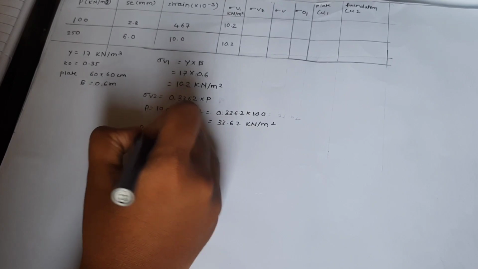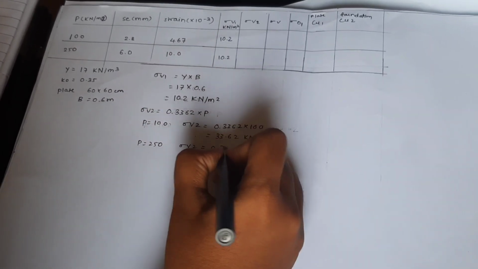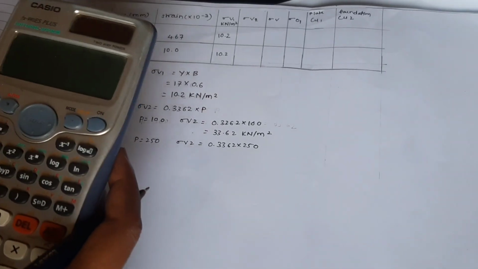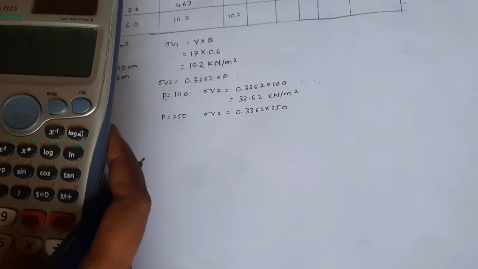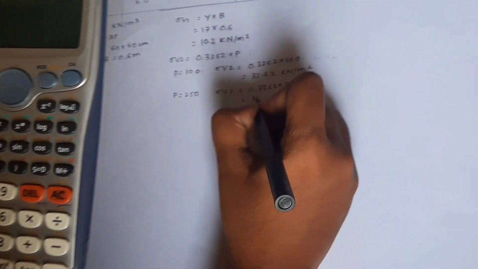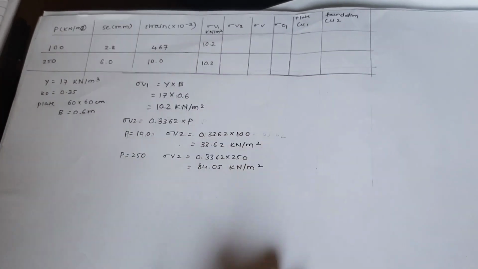And for P equals to 250, sigma V2 is equals to 0.3362 into 250, which is 84.05 kilonewton per meter square.